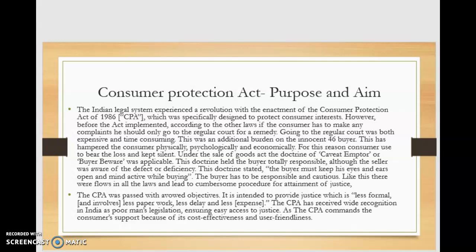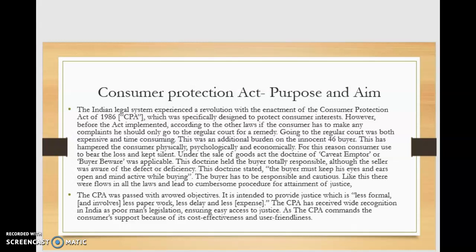Acts of adulteration and false weights and measures were taken with great seriousness, and the king at that time was the supreme authority to render justice, which revolved around the concept of dharma.